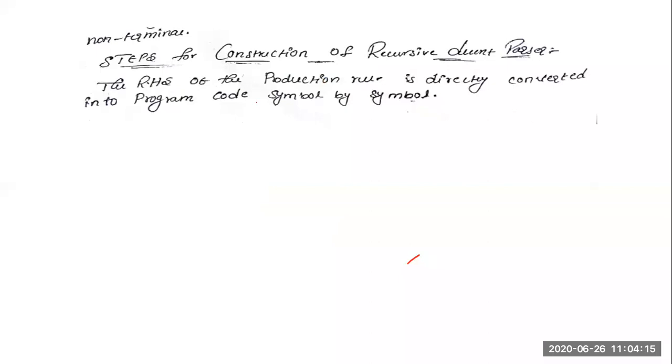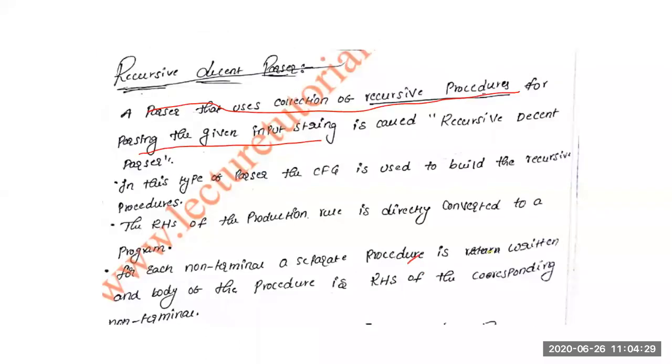Clear? We will see briefly what we will do in that one. What is the second point? In this type of parser, context-free grammar is used to build the recursive procedures. We will see later how we construct the recursive procedure.